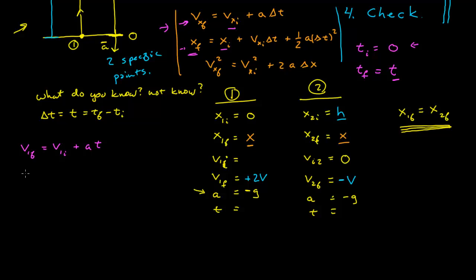And we also have that the final velocity of 2 is equal to the initial velocity of 2, which is 0, plus the acceleration times time. And that's interesting. So this is equal to 2 times speed v, and the final velocity of 2 is equal to negative v. So this might help establish relationships between the first and the second ball.